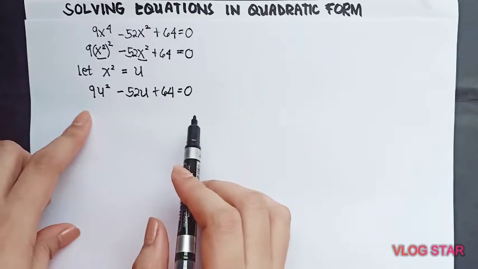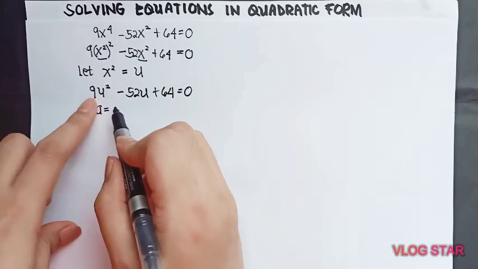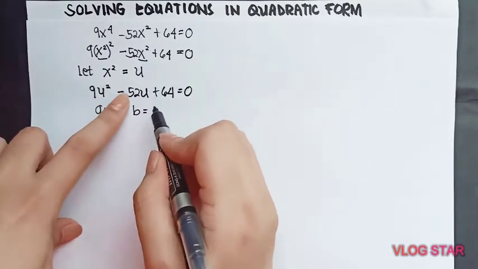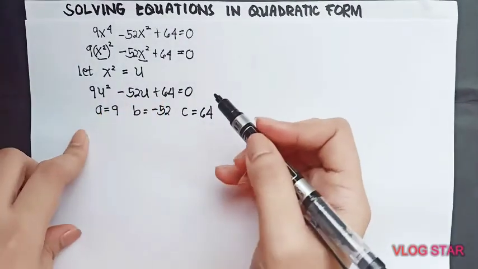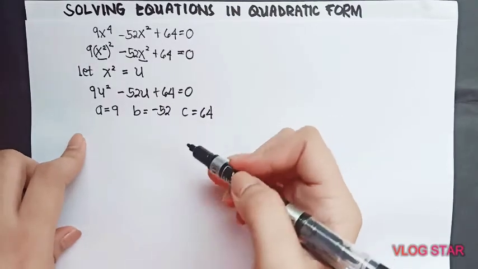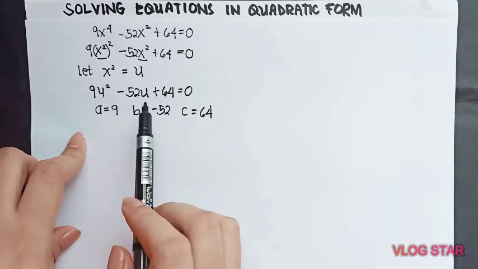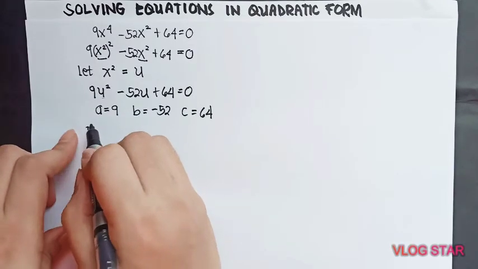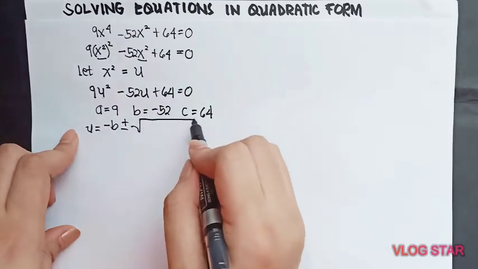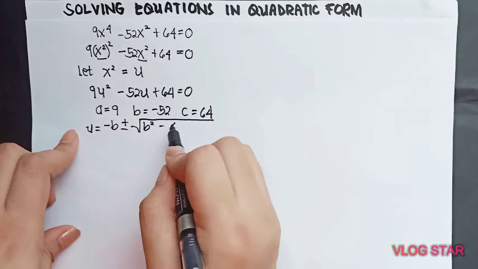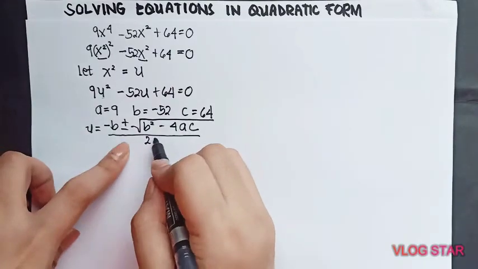Let's identify first the values of a, b, and c. So a here is 9, b is negative 52, and c is 64. And the quadratic formula, instead of using x, since we have a variable u here, we will be using u. So u equals negative b plus or minus the square root of b squared minus 4ac, all over 2a.